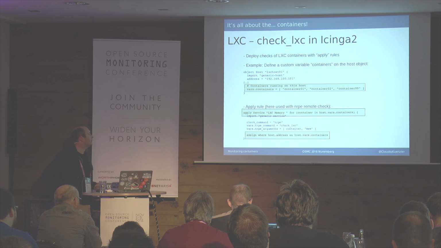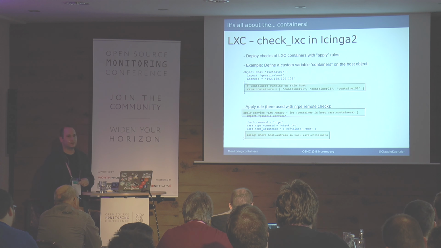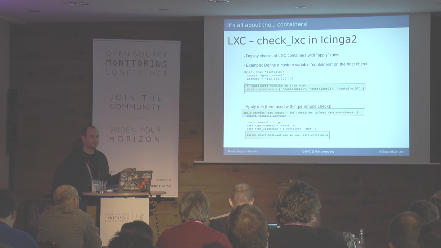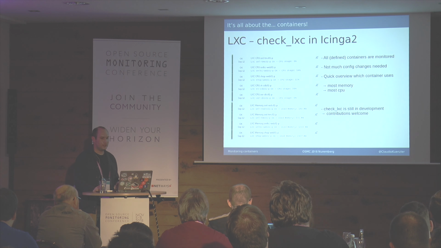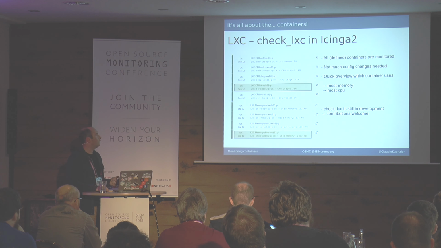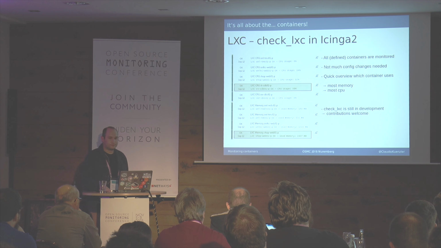To make it a little bit easier, we can use these values, or this array in this case, to apply the LXC memory check for each container of that host. In Icinga 2, in the web interface, what we actually gain is a pretty quick overview of all containers, and we almost immediately can see which ones are using most resources of the host. So that's the workaround for that.